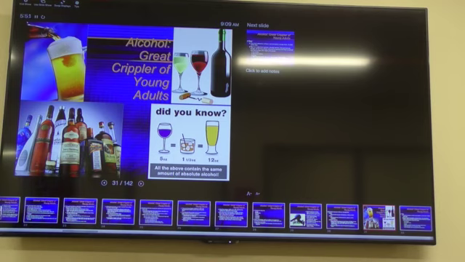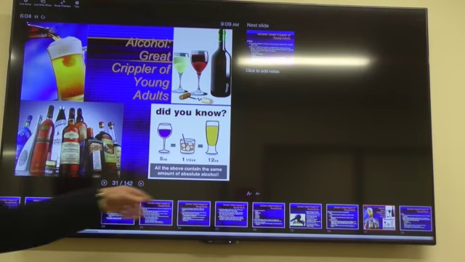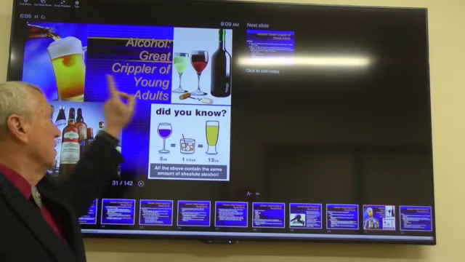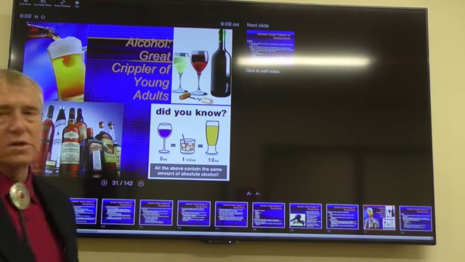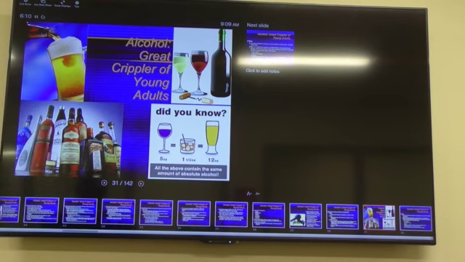A glass of wine, about 5 ounces of wine equals 1 can of beer, which equals about 1.5 ounces of distilled spirits. So as you can see, one drink is a can of beer, is a glass of wine, or it's a shot. Well, it's a highball glass with alcohol in it, about 1.5 ounces.